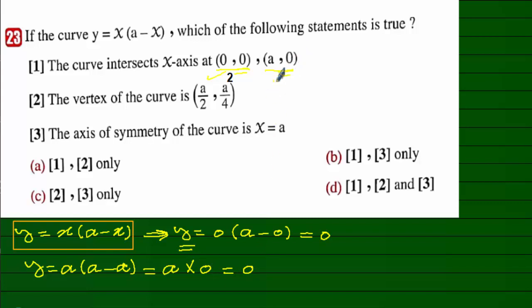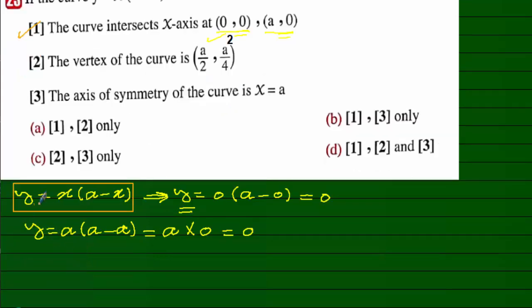I mean, it belongs to the curve and lies on x-axis. On x-axis, always y equals 0. So this statement is right. Next, the vertex of the curve is a over 2 and a square over 4.